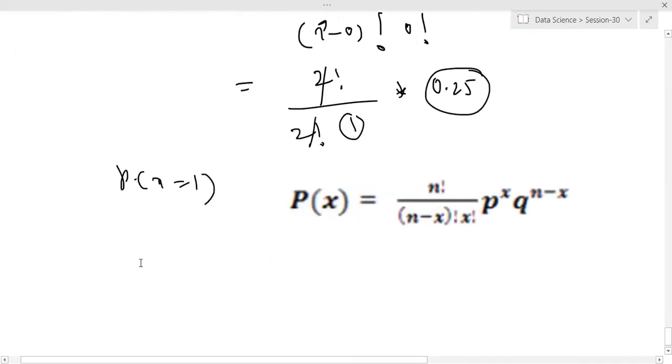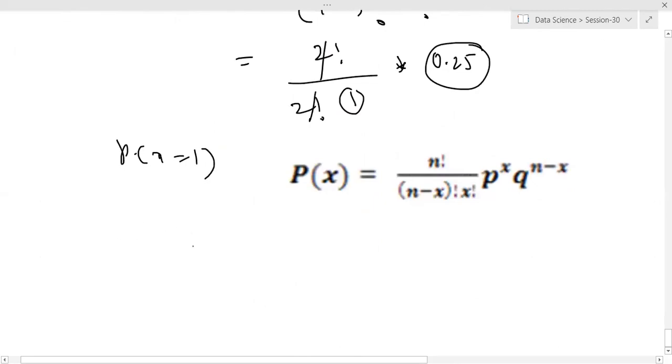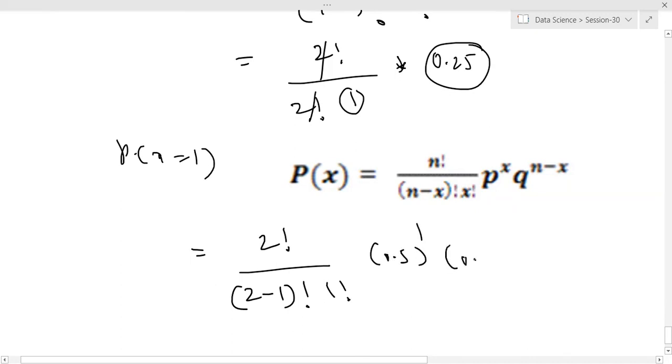Now you substitute, friends, and tell me the answer. P of x equal to 1 is equal to, n value is 2, and x is 1, so 1 factorial into 1 factorial. What is your p value? 0.5 whole power 1 and 0.5 whole power n minus x.